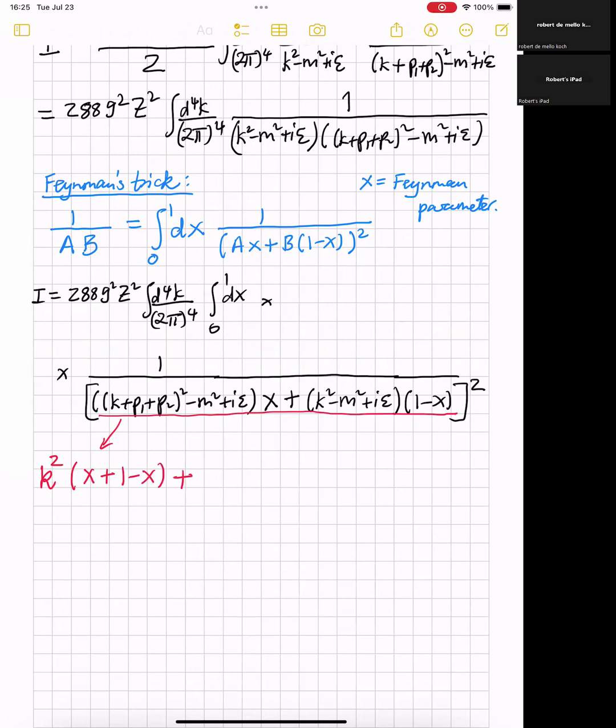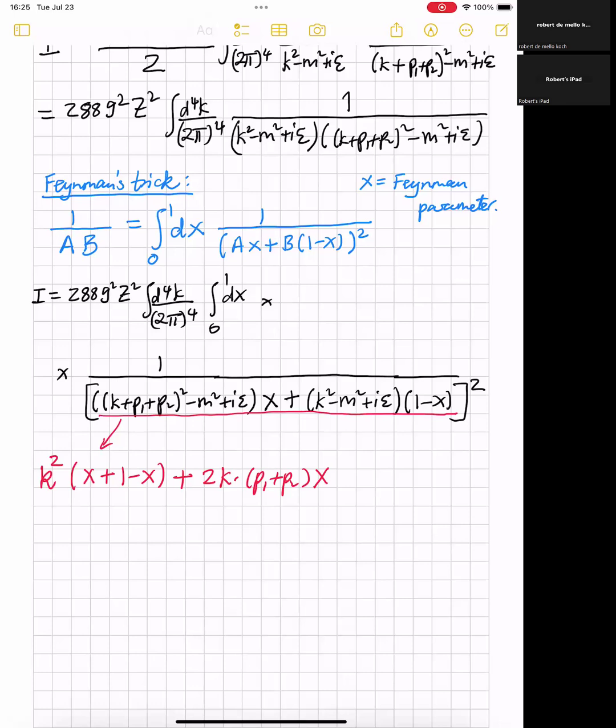Now let's look for the terms that are linear in k. From the 1 minus x term, there are no terms linear in k, so we can restrict ourselves to the term multiplying x, and there we land up with 2 k dot (p1 plus p2) multiplied by x. And I don't think we did anything wrong yet. No, we didn't. And now let's add the terms that are constant, independent of k.